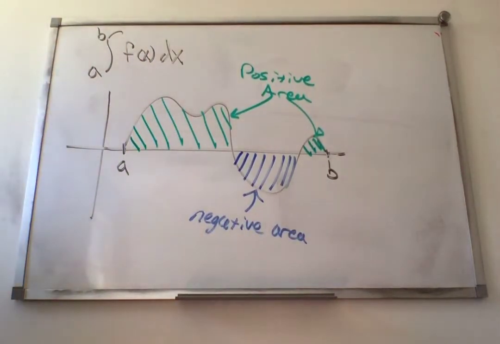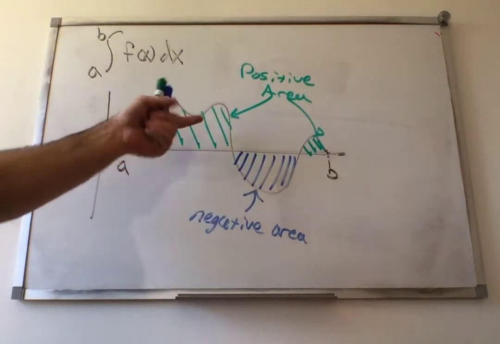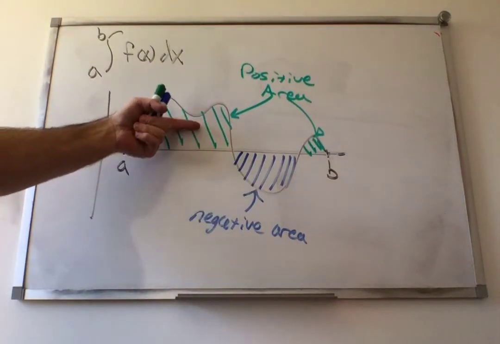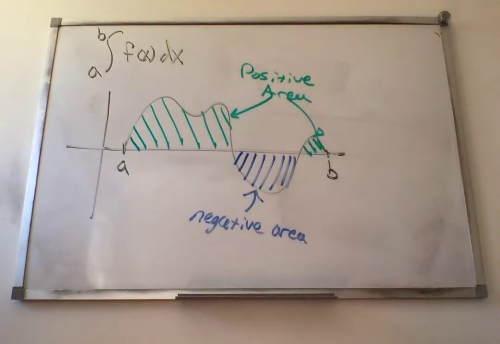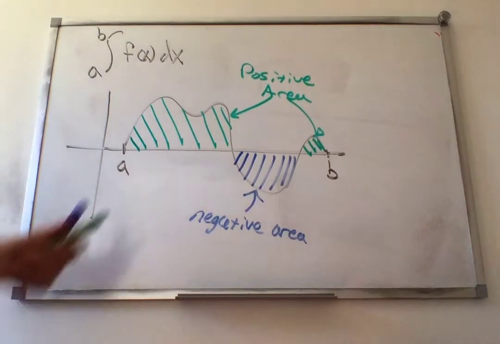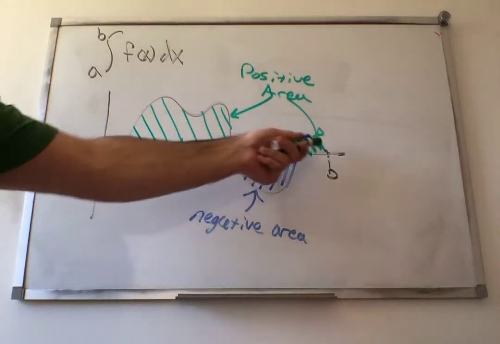So when you find the integral, you're not finding the total area underneath the graph in either below the curve and above the x-axis or above the curve and below the x-axis. You're not finding the total area. We will come to that in section 5.4, the net area. You're finding the area of these pieces added together, A1 plus A2 plus A3.